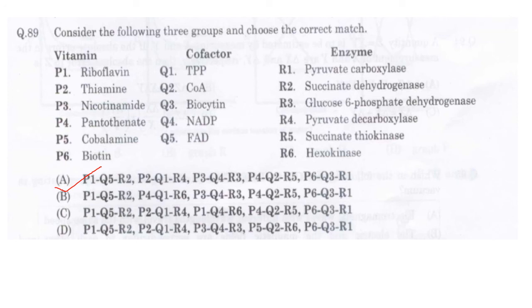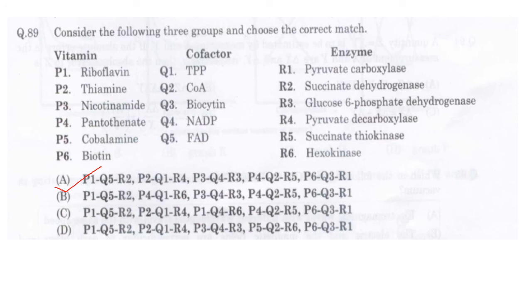So P1Q5, and FAD is the cofactor for the enzyme succinate dehydrogenase. So R2. Then thiamine is for TPP, thiamine pyrophosphate, Q1. And it is involved in the enzyme action of pyruvate decarboxylase.